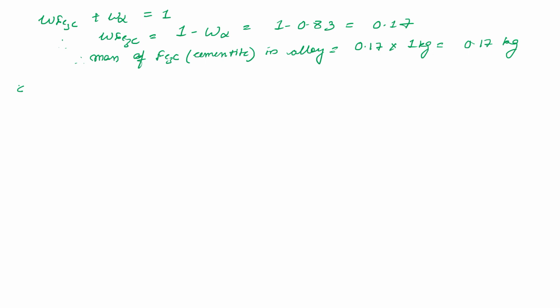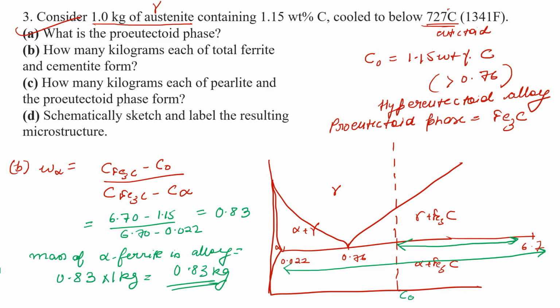Okay, now coming to part C, we have been asked how many kilograms each of pearlite and proeutectoid phase form. So how many kilograms each of pearlite and proeutectoid phase are forming here. In that case, for calculating the percentage of pearlite, we have to take ratios corresponding to this region, ratios corresponding to the eutectoid composition, right?